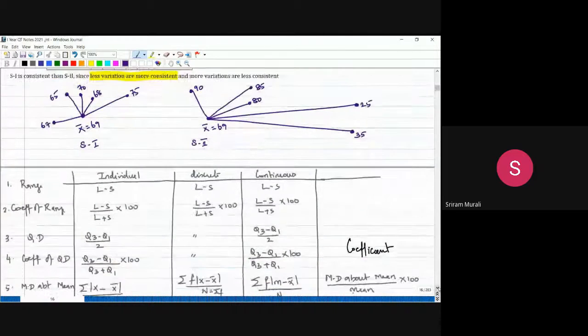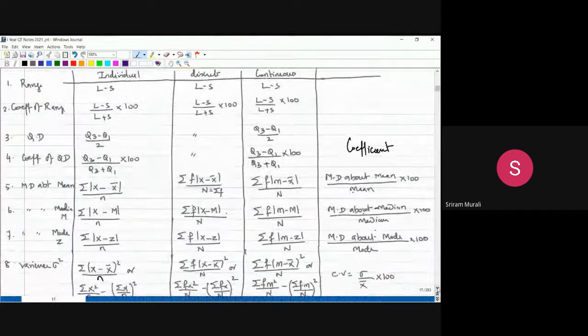Likewise, these are the formulas. There are this many measures we are going to discuss: range, coefficient of range, quartile deviation, coefficient of quartile deviation, mean deviation about mean, median, mean deviation about mode, and lastly variance.